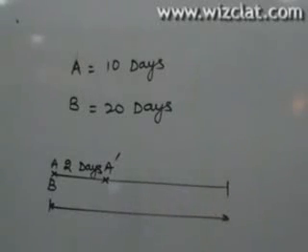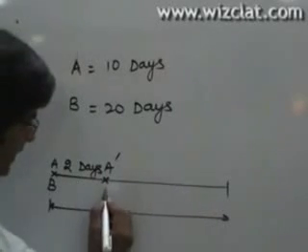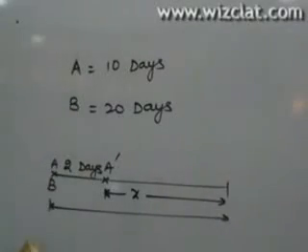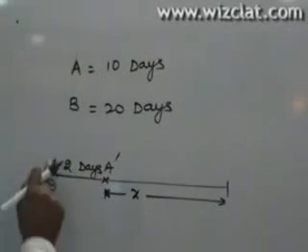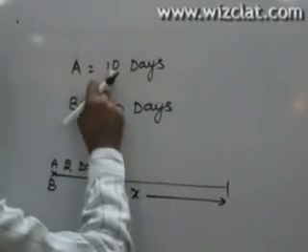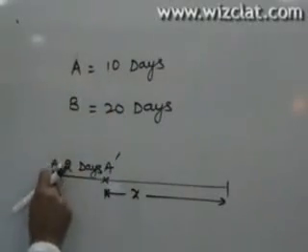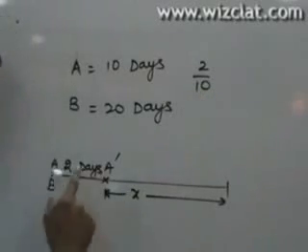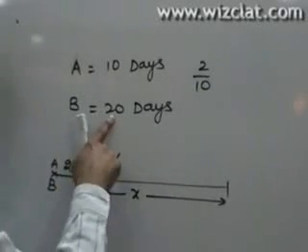Okay, that means I am looking for the total duration. One approach says, let me say the number of days for which B works alone is X. Therefore the work done by A in 1 day is 1 by 10. So work done by A in 2 days will be 2 by 10. Work done by B in 1 day is 1 by 20.